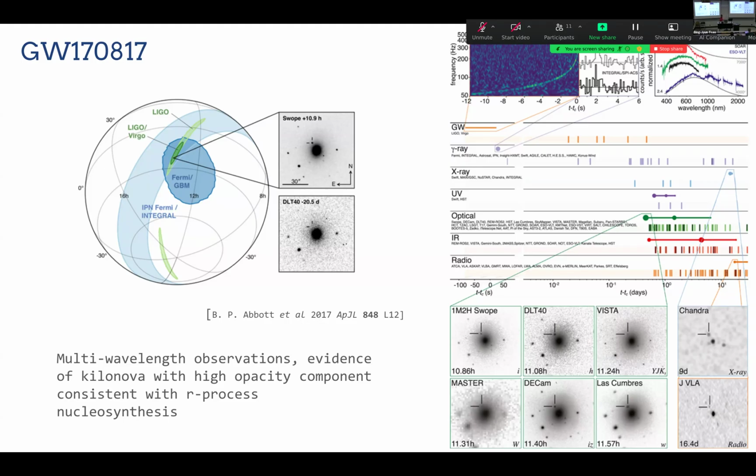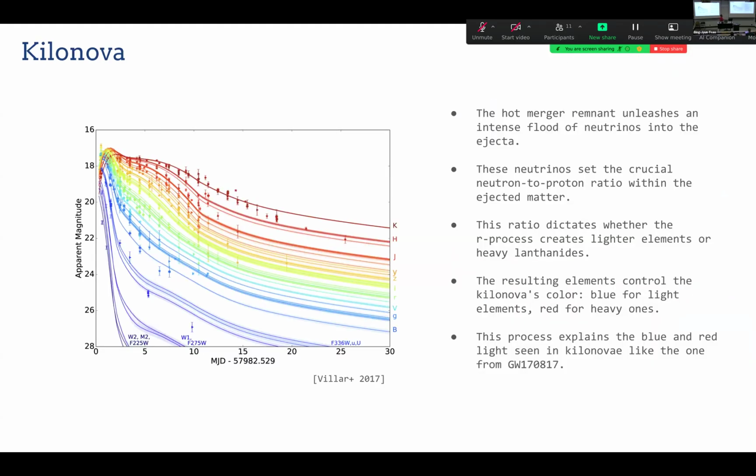One of the things that we're definitely interested in is these transients, these things just popping up in the sky that you can see. The kilonova would be the optical part of the result of an event like this.